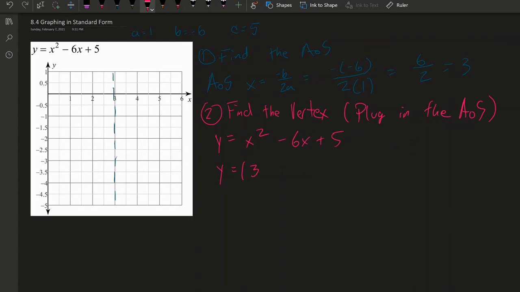Y equals 3 squared minus 6 times 3 plus 5. So that'll be 9 minus 18 plus 5. 9 minus 18 is negative 9 plus 5. That would be negative 4. So that means my vertex is located when x is 3, y is negative 4. That would be down here.